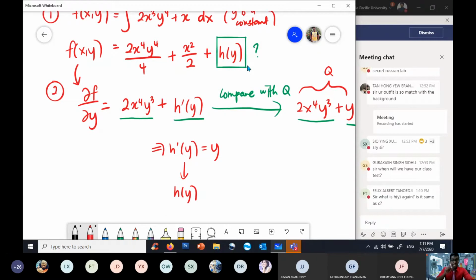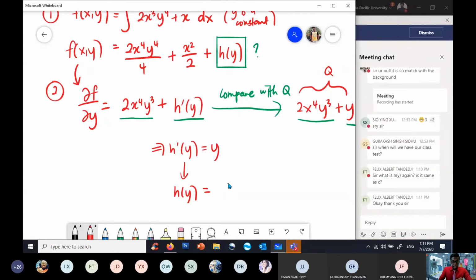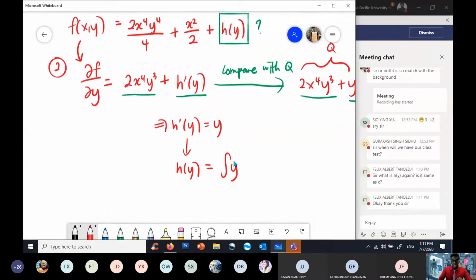So that's why instead of c, we write hy. It's almost the same as c. So if h prime y is equal to y, then hy is equal to integrate y, you get y squared over 2 plus c.